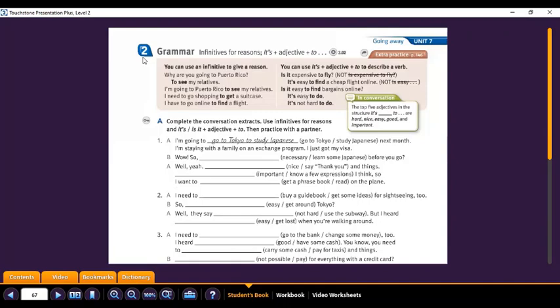Okay, Elizabeth, we're starting a new unit, unit 7. So we were talking about trips and travels. But in this case, our grammar would be infinitives for reason, and it's plus adjective plus to. And I'm going to share another presentation, okay? So give me 1 minute to share this presentation about infinitives for reasons.